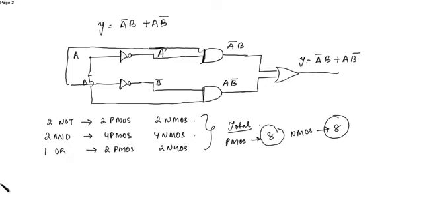So normally, the first is the normal schematic using 8 PMOS and 8 NMOS. First is the inverter.